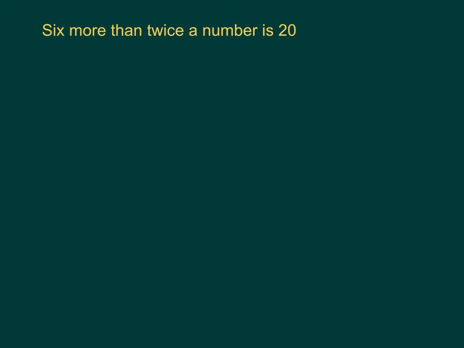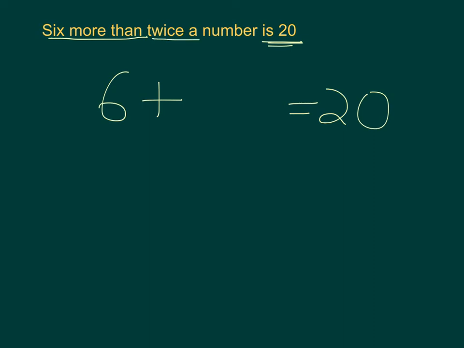But those were just one-step equations. Now we're getting into two-step equations, which are a little bit trickier. So here I have a question that says 6 more than twice a number is 20. Well, right away, I see that word is, 20. 6 more than, well, I did that before, 6 plus twice a number. So twice a number means 2 times a number. Since I don't know what that number is, I know I'm going to have to use a variable.